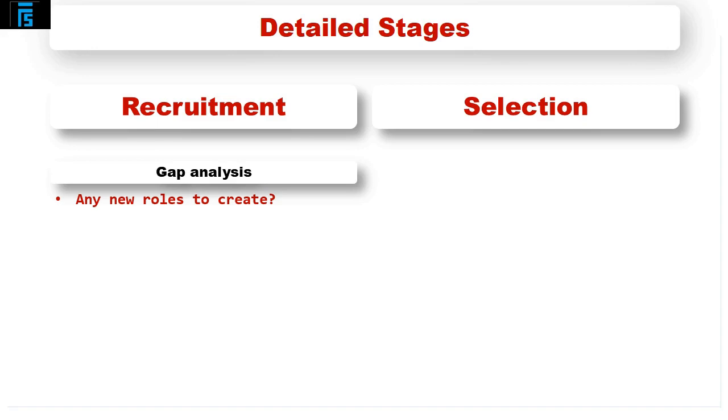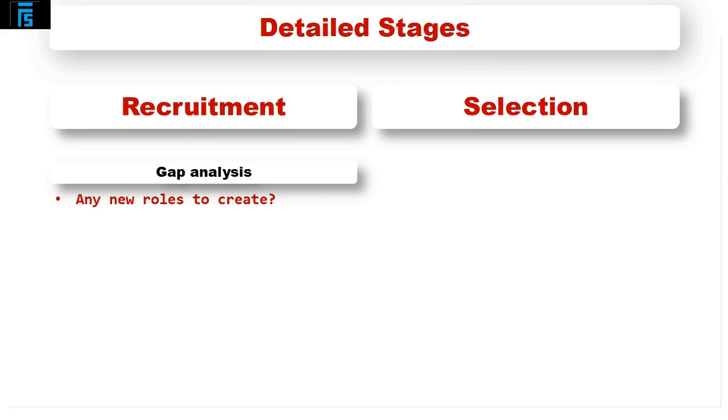Once we know that there's a gap there, we then have to think, can that gap be filled with somebody that we already have on the staff? So maybe if there is extra administration, we might be able to get somebody who already works here to do part of that work. So maybe we get two or three people who've got other jobs and give them a little bit of the administration each.